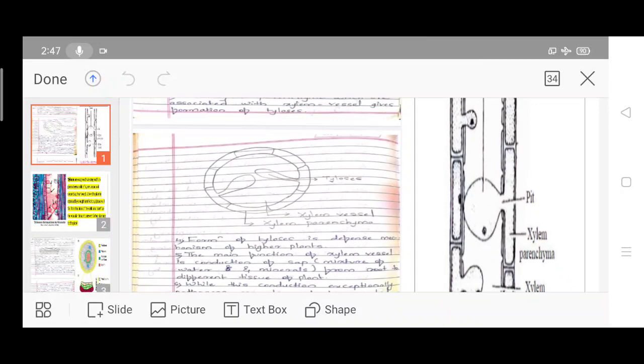In the role of protection, these xylem vessels can suddenly drop off at the inner sides and form a dam-like structure, so they can break down the flow of material. They develop blockers in the vessels.